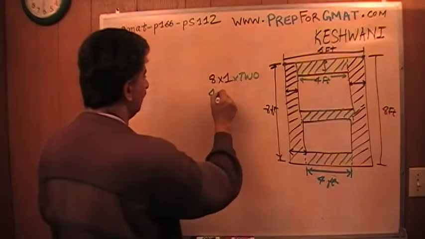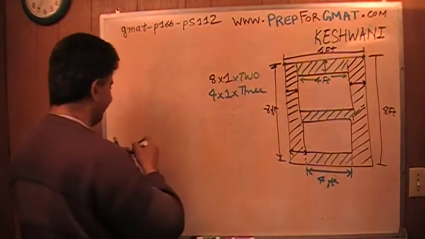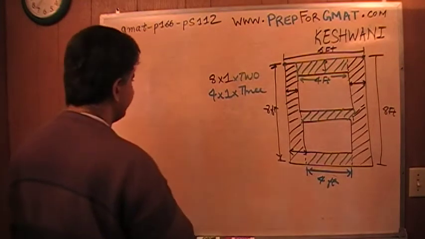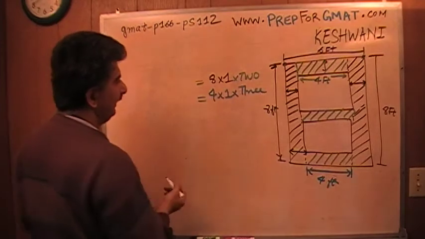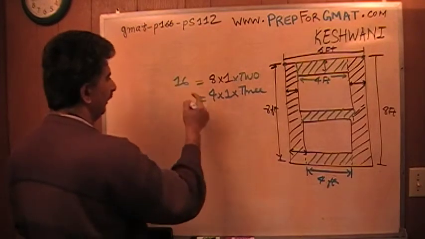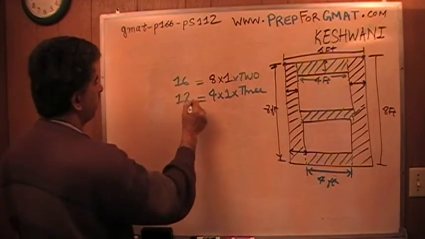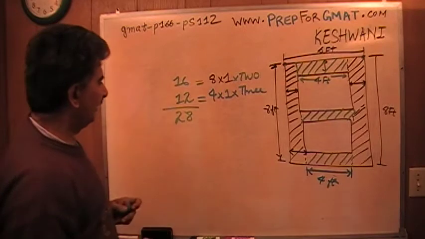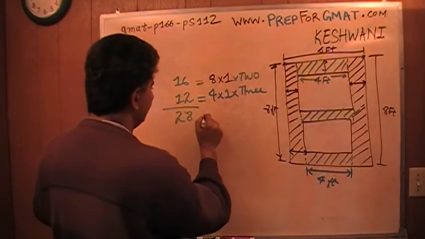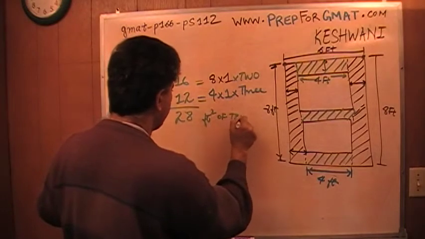So we have 4 by 1 by 3. Let's find out what that equals. So 8 by 1 is 8 times 2 is 16. And then 4 by 1 is 4 times 3 is going to be 12. So looks like 28 square feet are shaded. We have 28 square feet of trim.